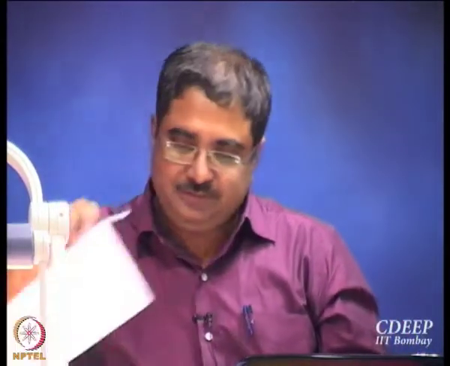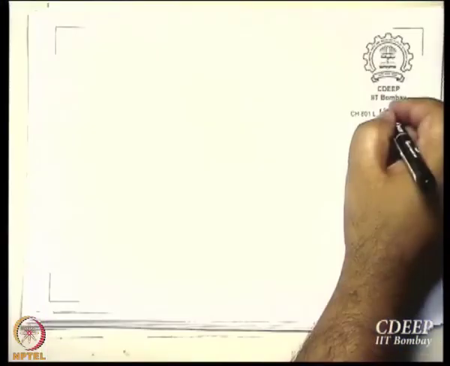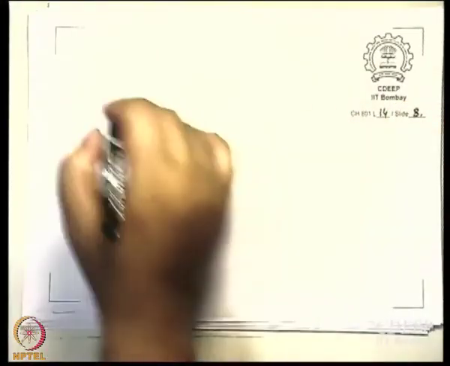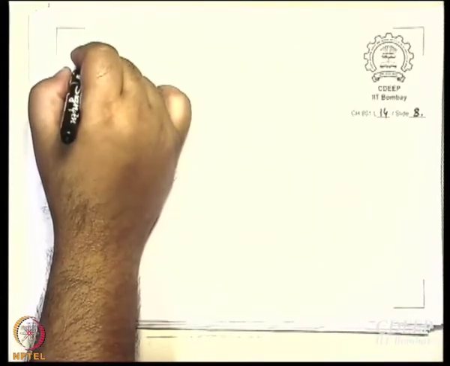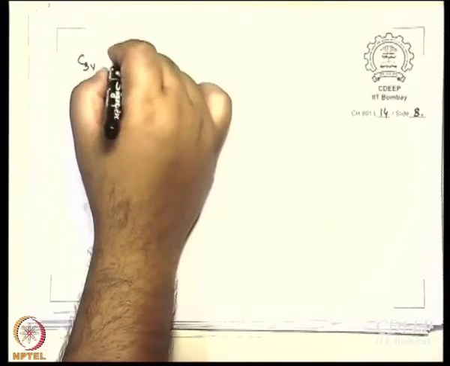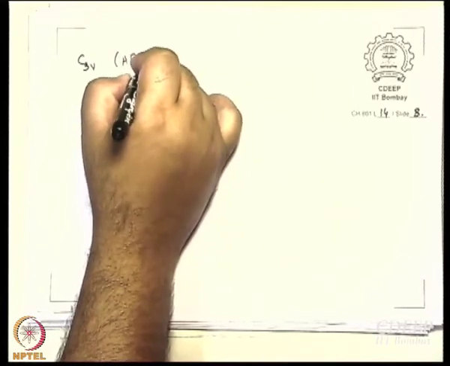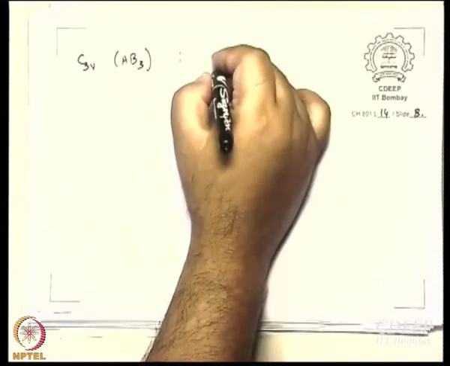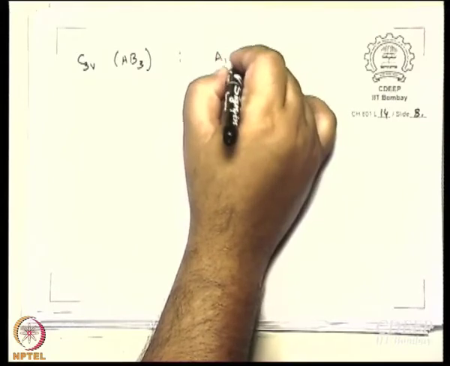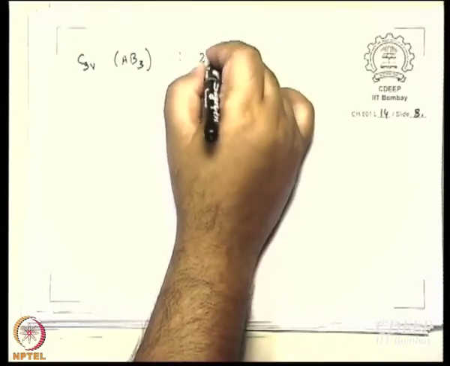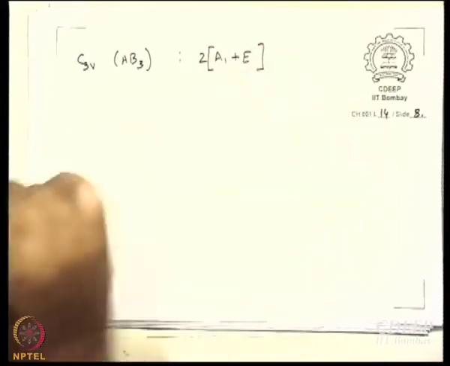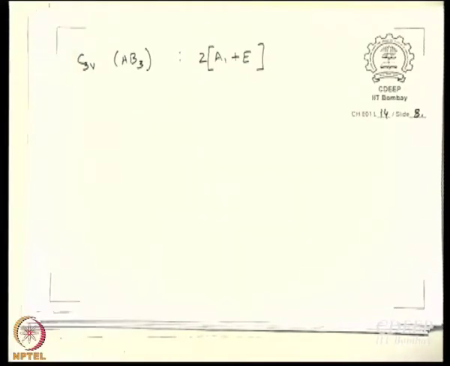Question? What will be the minus phase? Let me see if I can draw it. So, we are talking about C3V AB3 kind of molecule, we have already seen that you have A1 plus E, and all the modes involve stretch as well as bend.